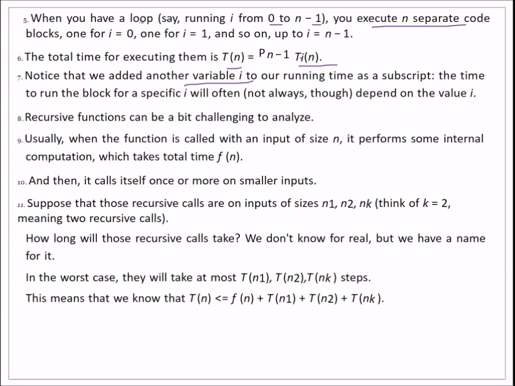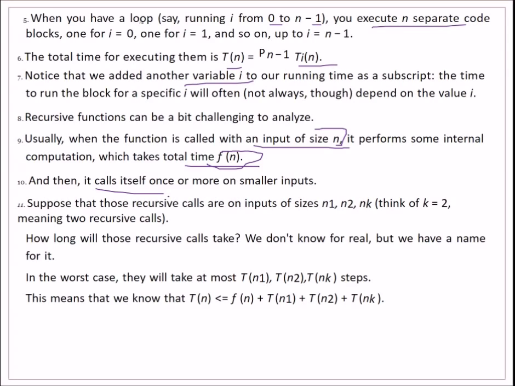And recursive functions can be somewhat challenging, because when the function is called with an input size n, it performs some internal computation which takes total time f(n) also. So apart from the recursion, there is another time we need to take care of, that is f(n), and it calls itself once or more, on smaller inputs.